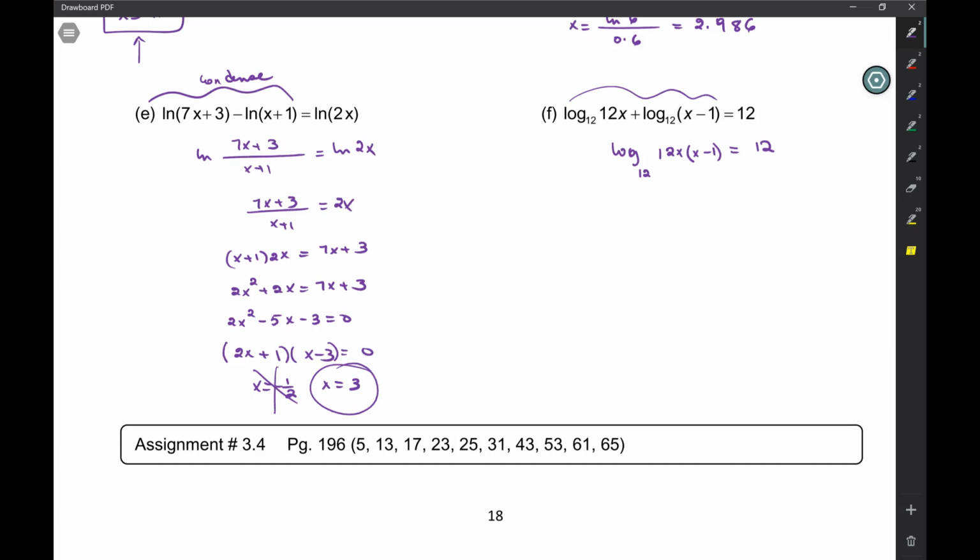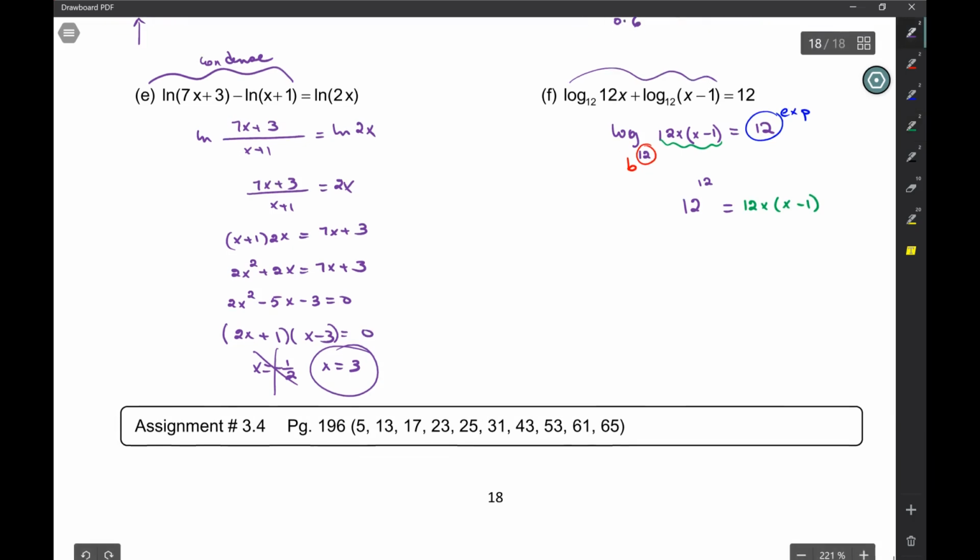Again, the answer to a logarithm is always an exponent. So this is an exponent. But every exponent needs a base, which is 12. So 12 to the power of 12 is equal to what we haven't used yet, 12x times x minus 1.